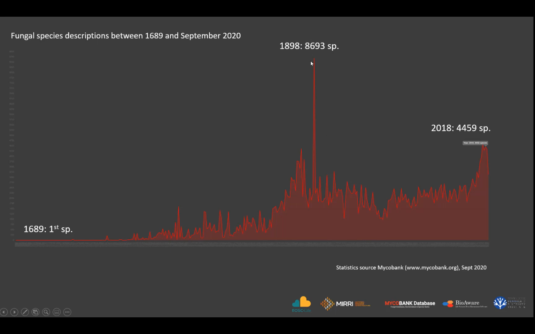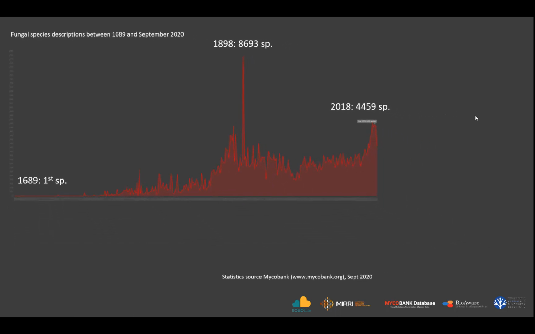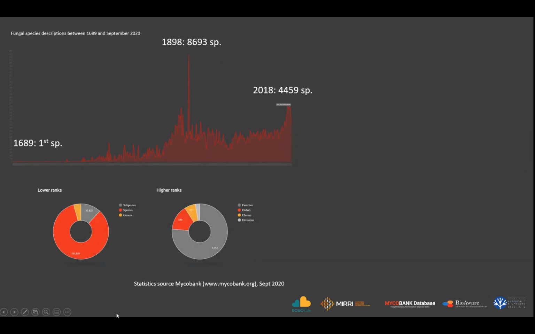I don't know who described plenty of species there, but it doesn't matter. That's not the point. Nowadays, we are at about 393,000 species described, with a rate of about 4,500 species described per year.